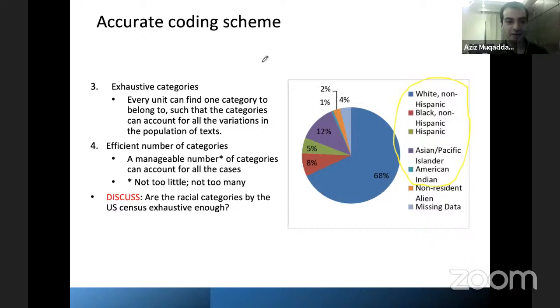People of Middle Eastern descent, West Asia. If someone is from Armenia or Persian, we actually have plenty of those in California. Where would they place themselves? It goes to the exhaustiveness and accuracy. They can be white, but socially, are they white? By white, we mean very specific things, like we actually mean European.